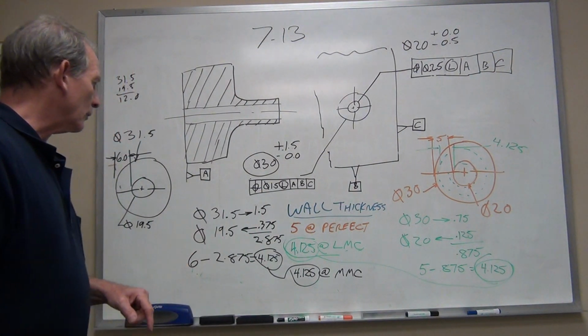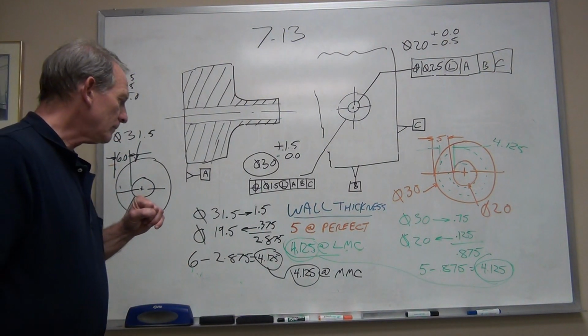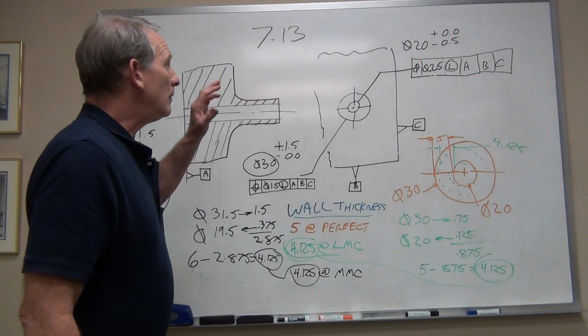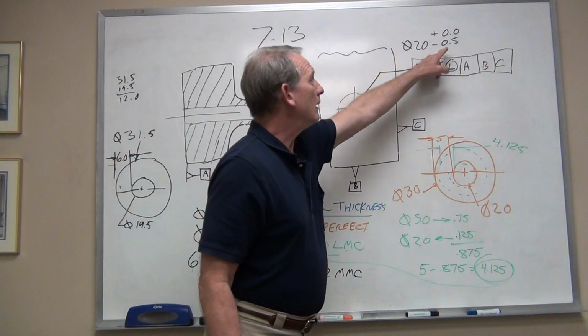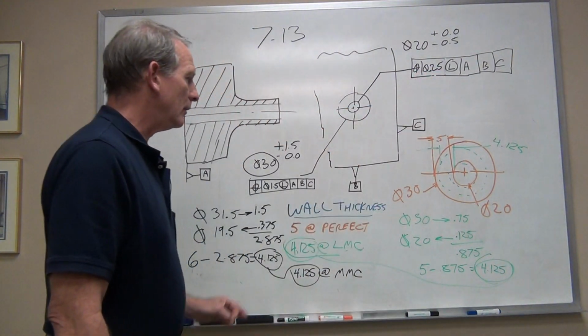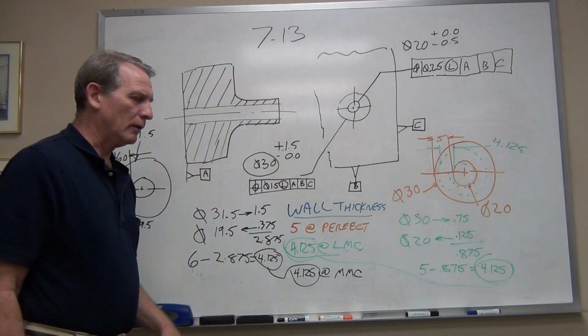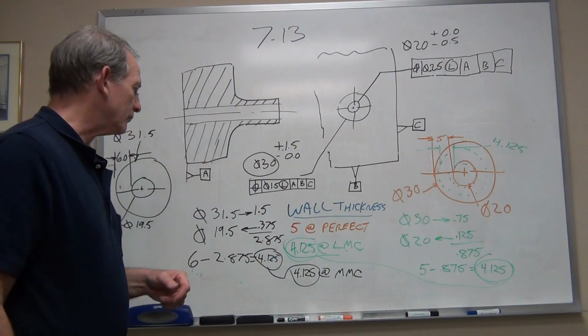Likewise, at 19.5 millimeters for the hole size, we get to add that 0.5 millimeter for a 0.75 diameter tolerance zone. Half of that is 3/8, 0.375.